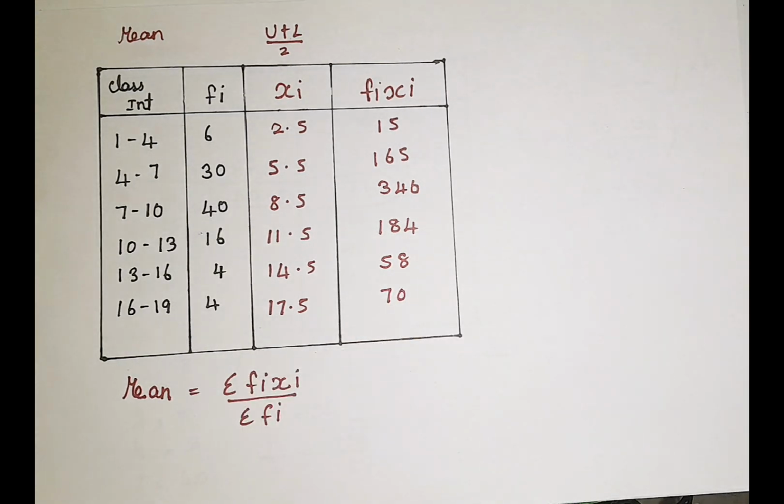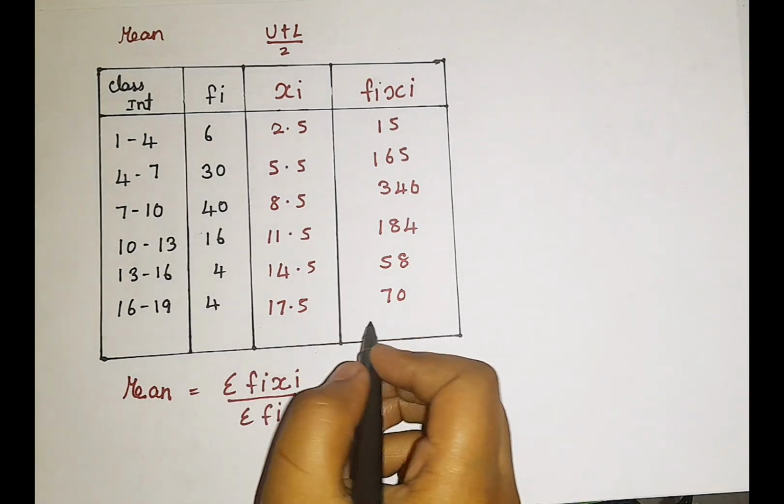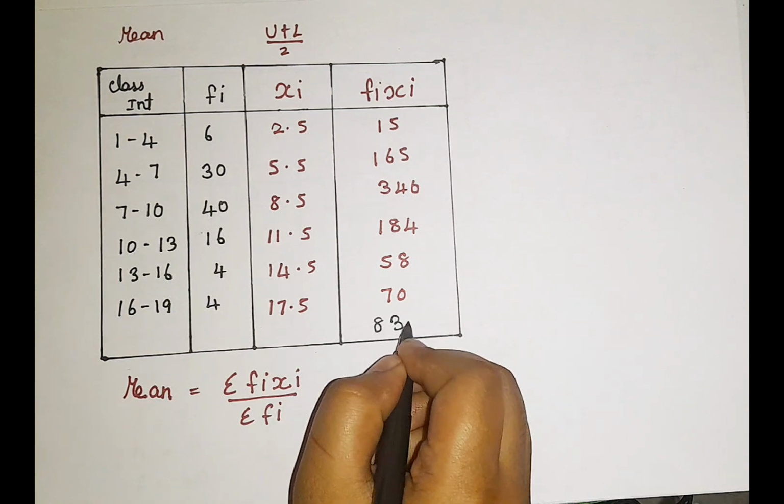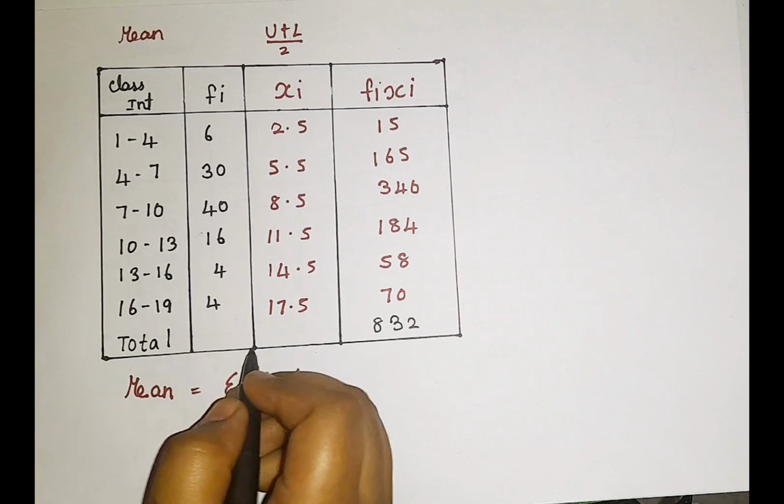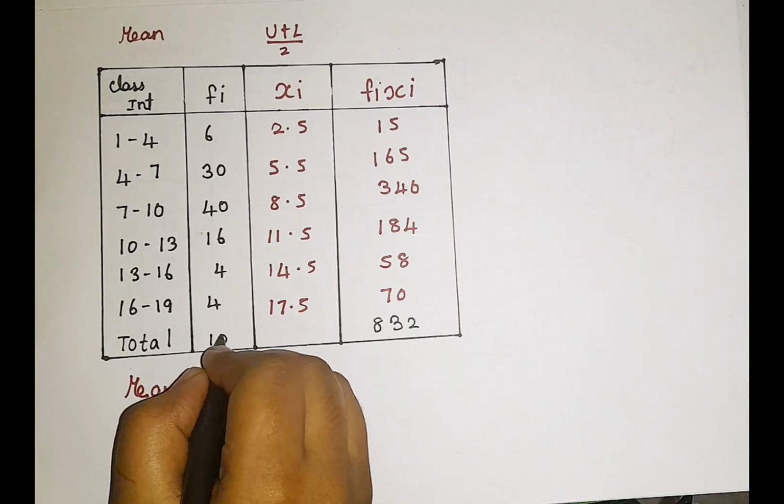When you do the total, we will get 832. For fi, when you do the total, we will get 100.